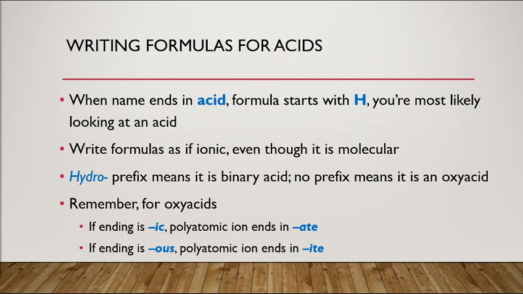And so, writing out the formulas for an acid is basically just working backwards from writing out the names. When you look at the name of the acid, the first thing is you need to have H. I mean, H is a requirement. The chemical formula is always going to have H, so you need to be sure to include that inside of your formula.